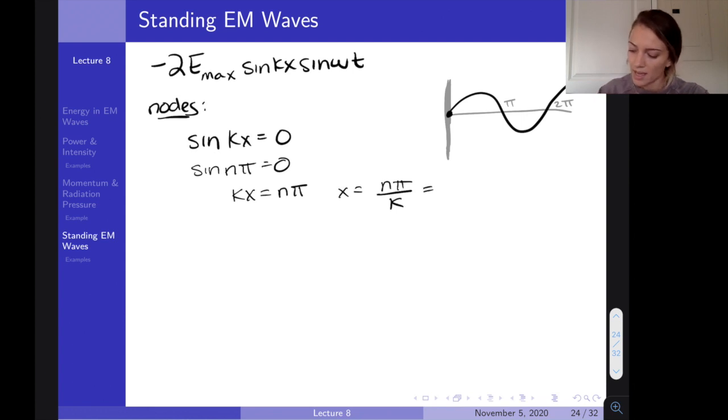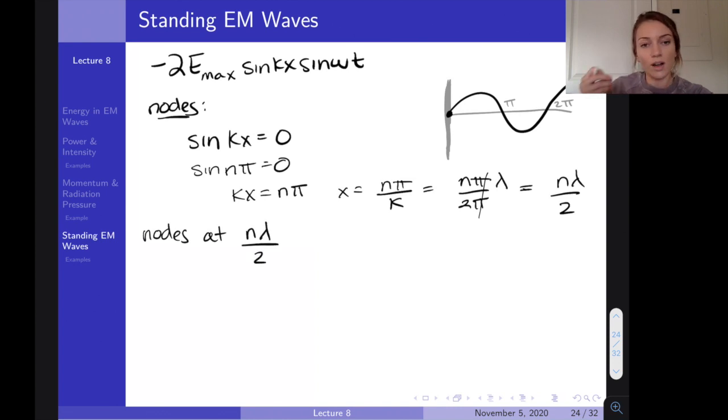And we know that k is 2 pi over lambda, so those cancel, and we end up with n lambda over 2. So we have nodes at every integer of half wavelength. So we're going to have a node at 0, lambda over 2, lambda, 3 lambda over 2. So every half wavelength, we're going to have a node.